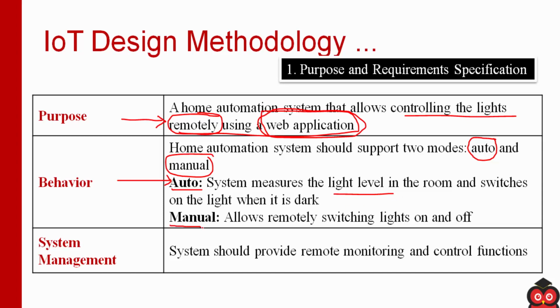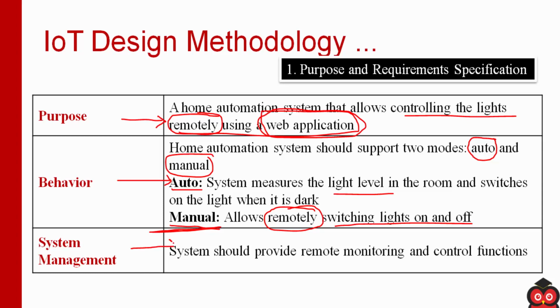And the second mode is manual mode, that is the client himself or herself will switch lights on and off. It might be remotely from some other location outside the house or sitting in the office and doing all these things.